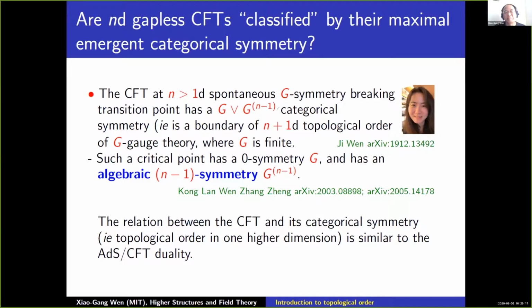Another thing: we mentioned that we can get this much in the 1 plus 1D case because the 1 plus 1D theory has a holomorphic, anti-holomorphic separation.